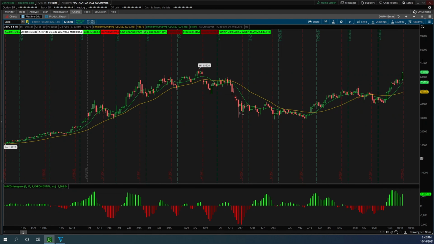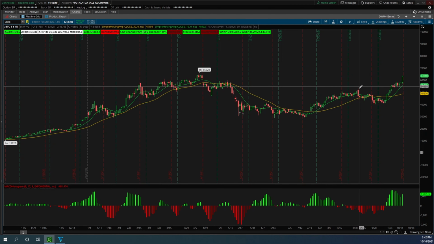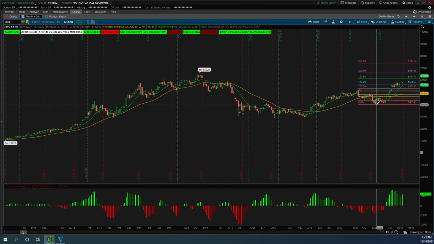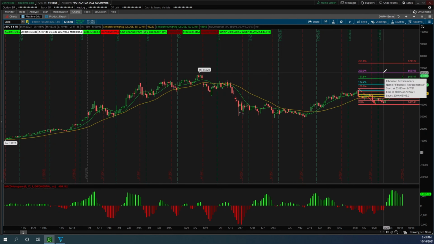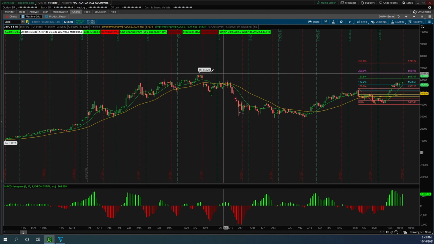What I'm going to do is paint a fib retracement between this high here, which is the most recent one, and this low, to see what happens here. The idea is that the 200 is right in this area of the 65,520, and then if it keeps moving up, the next target is going to be 74,127.